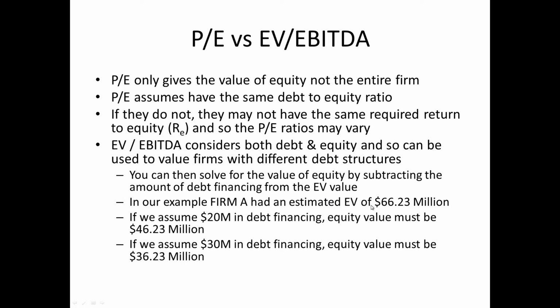In our example, we came up with an enterprise value of 66.23 million. Well, if we decided we're going to finance the firm with 20 million in debt, then we just take 66 minus 20, so the equity value must be 46.23. If we wanted 30 million in debt, we'd just say, okay, then the equity value can only be 36.23. So it's a bit more robust measure.